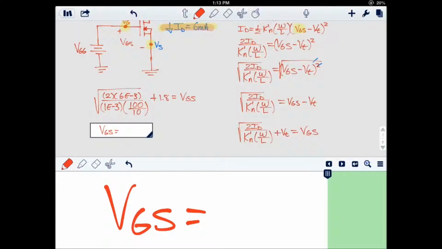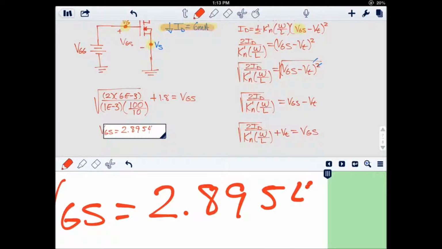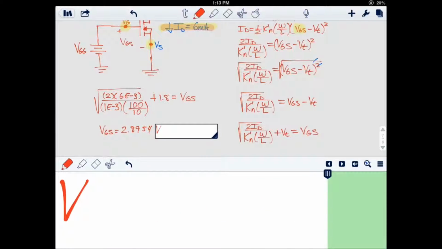So we have 2.4 volts. Let me try that again.